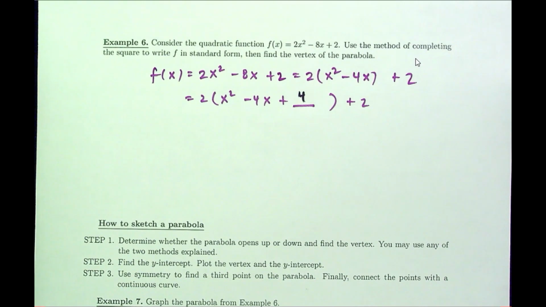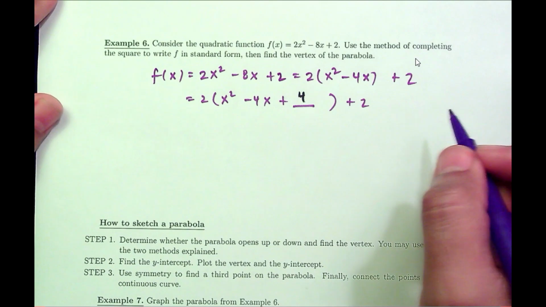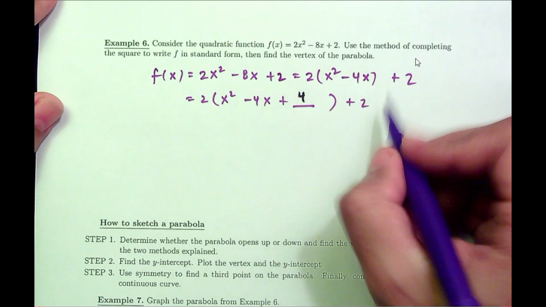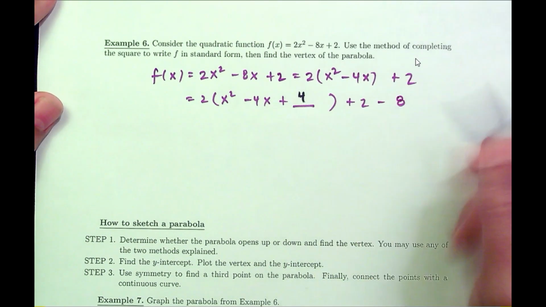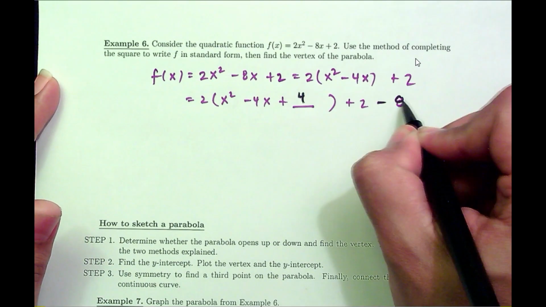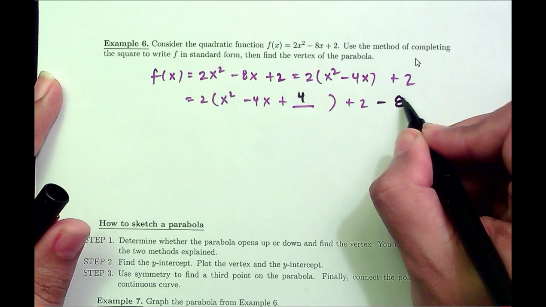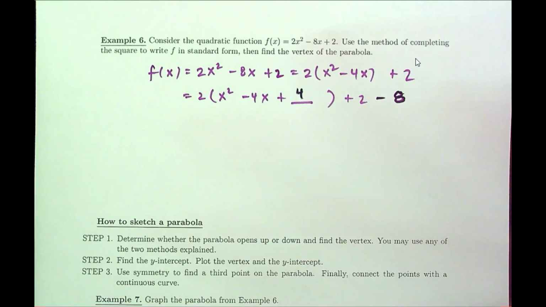But I don't want to add anything that was not there to begin with, so I need to balance this out. The 8 that I just added, I need to take it away so that I don't alter the balance. I don't change the original thing given to me.